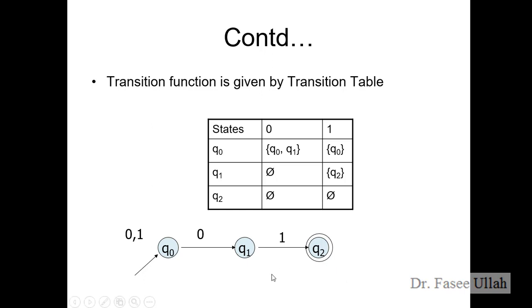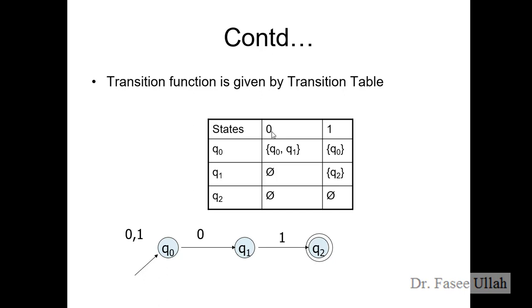So how can we draw the transition table for NFA? Over here we know the three states, and the transition values from the language set, that is 0 and 1. So let's see. For example, if I am in state Q0 and I want to read the 0 value, how can we implement this?